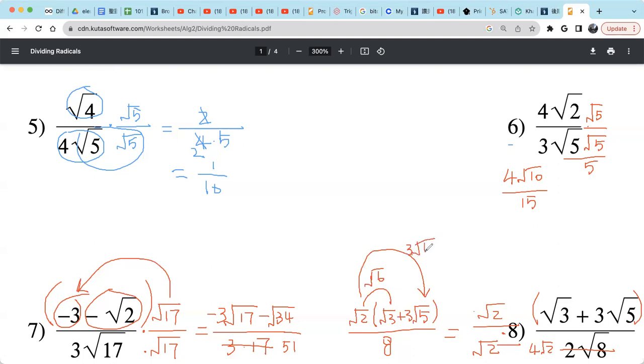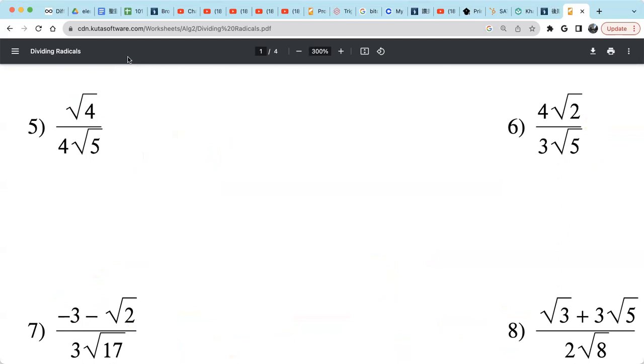Otherwise, if it does not ask us to expand them, we can keep it as a factored form and both positive. So the answer for 8 is square root of 6 plus 3 square root of 10 divided by 8. Okay, so the denominator for those ones is just a single term.